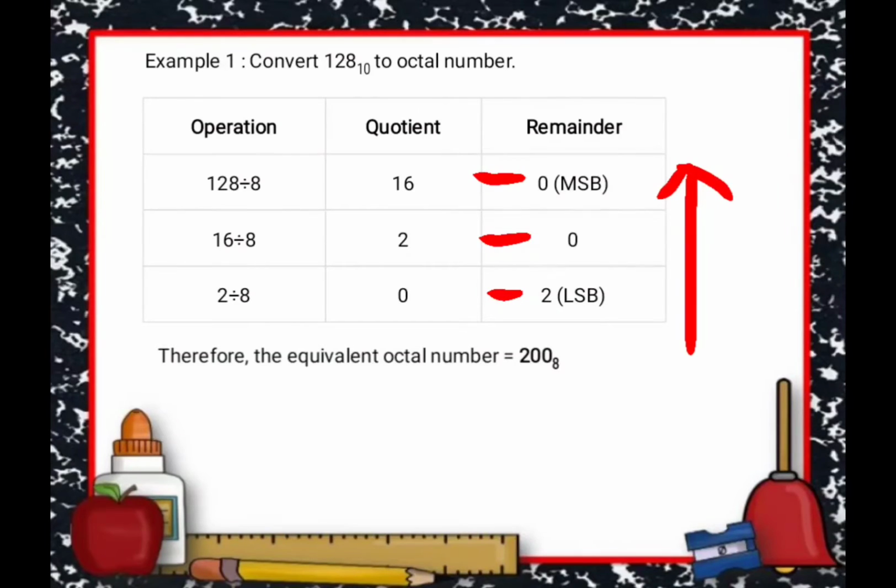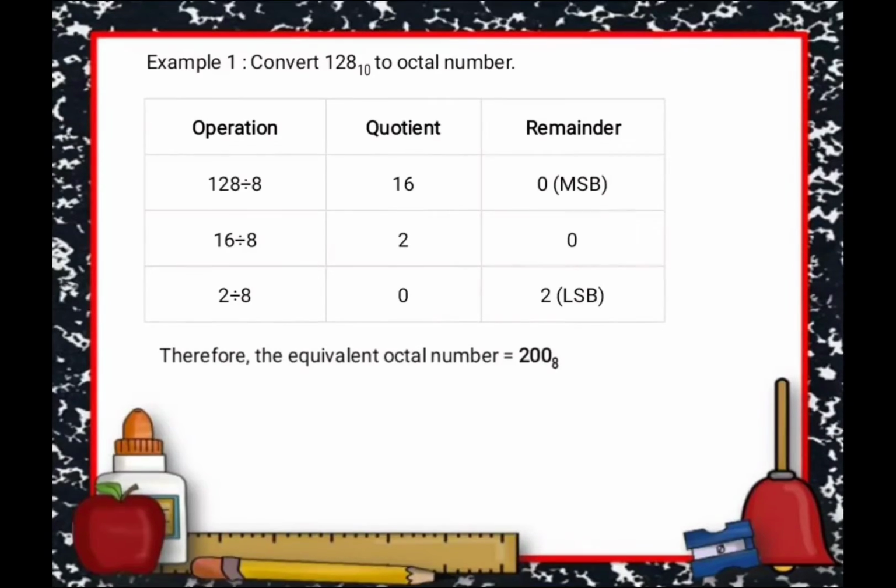So from the base 10 above, we change it to 8 because we divided the original number by 8 to change the base 10. So the answer for converting 128 decimal number system to octal number system is 200 with a base of 8. So for you to fully understand, let's have another example.